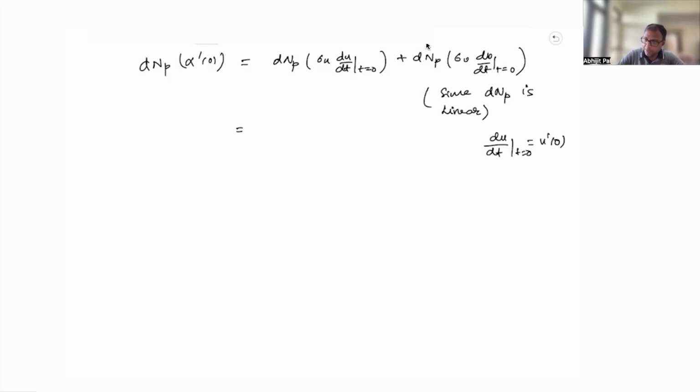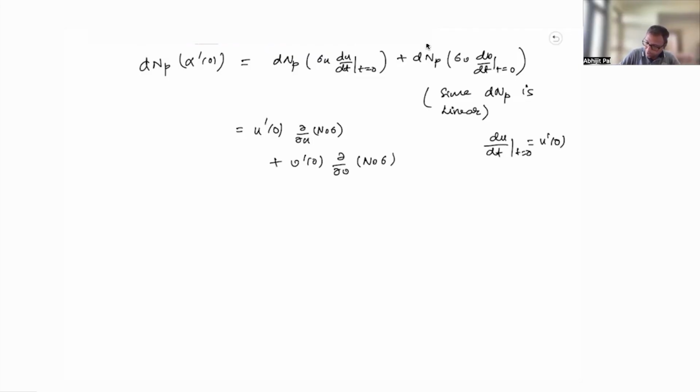So again, you apply linearity. What you'll get is u prime 0 and dNP of sigma_u. By the chain rule, you'll get del_u of N composed with sigma plus v prime 0 del_v of N composed with sigma.